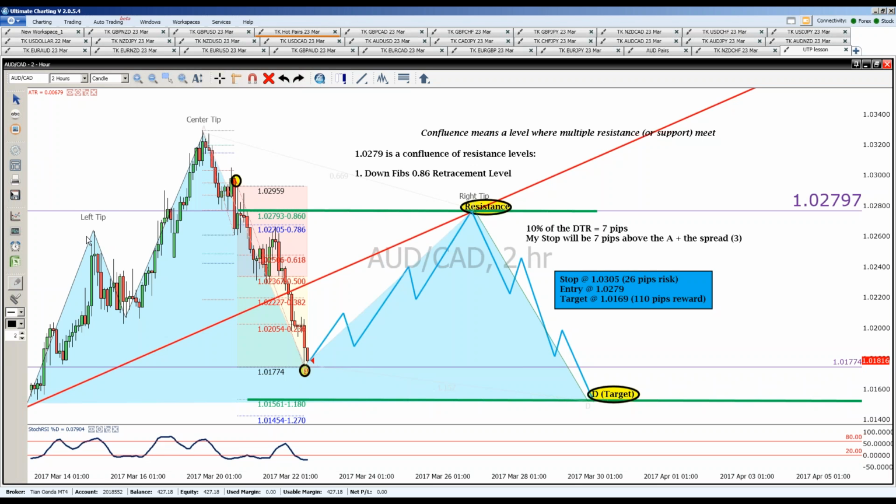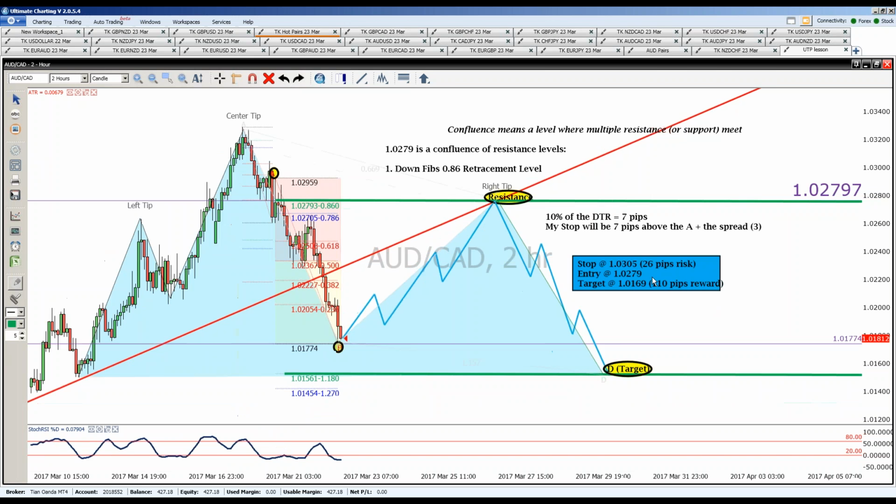Andrew says the 618. Yes, I hear what you're saying. It could be. The market could retrace to the 618. It could, by all means. But if it retraces to the 86 retracement level, I would love to take a sell here.